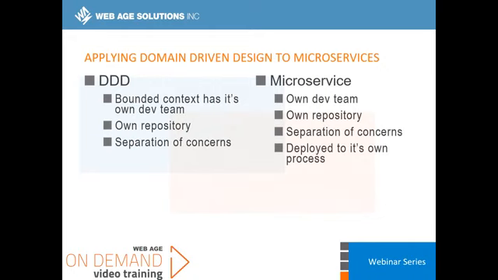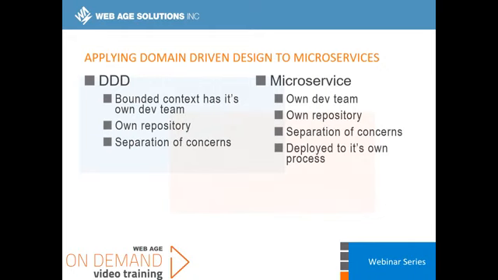In domain-driven design, we talk about each bounded context having its own dev team, and each aggregate has its own repository. When we do our domains and then map them to our bounded contexts, and then extract the common items, we're working on a desire to create this separation of concerns. Well, if you turn around and look at microservices, that's pretty much the same thing.